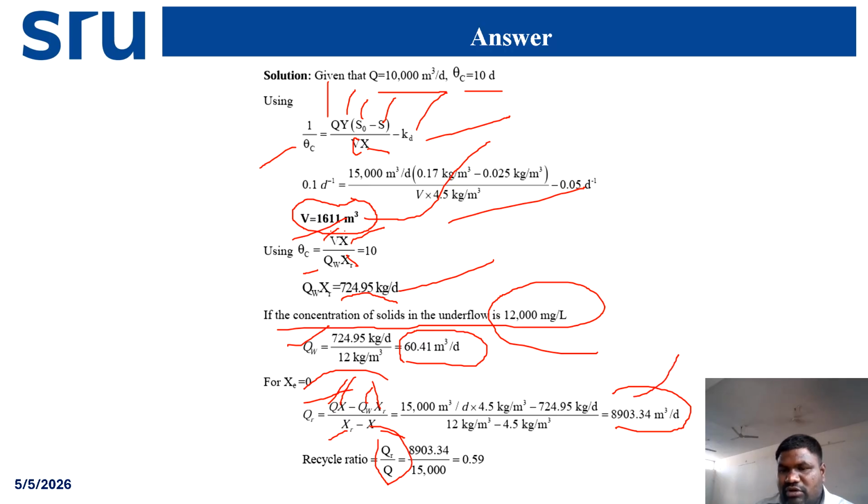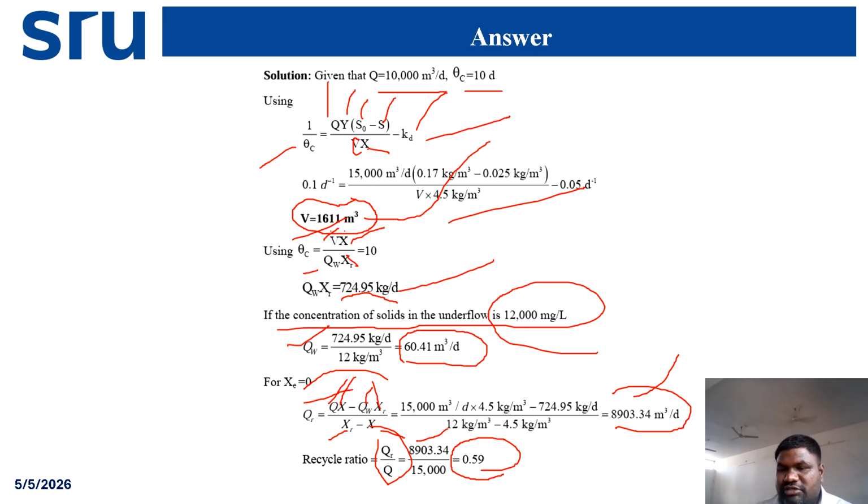This much of water is circulating out of 15,000 meter cube per day. So in that we need to calculate the recycle ratio. 8,903.34 divided by 15,000, that is the actual inflow rate. Then it is around 0.59. So as per the design conditions, the recycle ratio should be around 0.6.